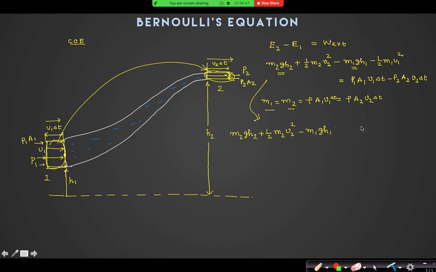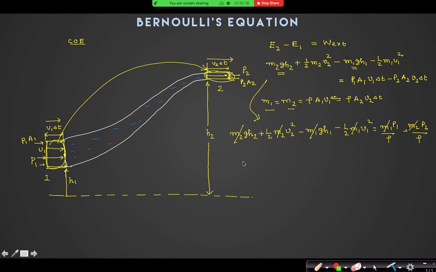Now let me write the same equation in this form. It's A1 V1 delta T. I can say it is M1 by rho. So M1 by rho minus M2 by rho. Now I can cancel M1, M2, all of them.